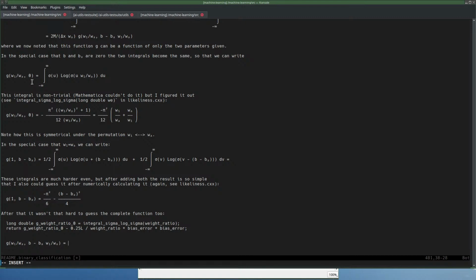That is then this one or that one. I like this notation better, so I'll copy this. There's that one, and then minus a quarter. So the bias error times the bias error.